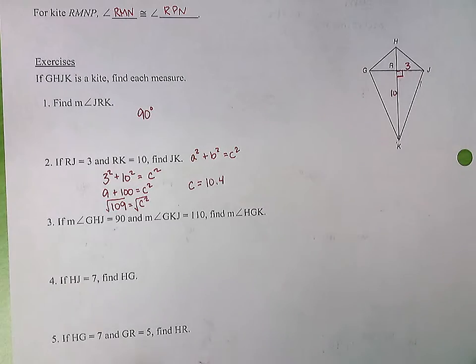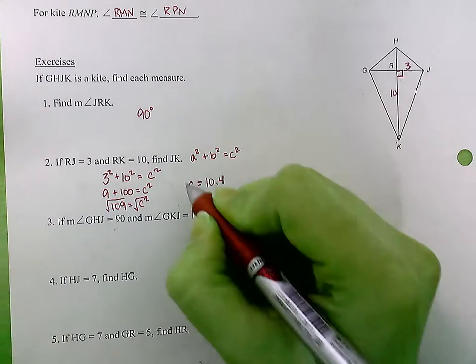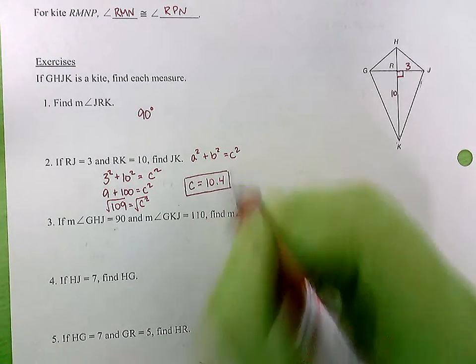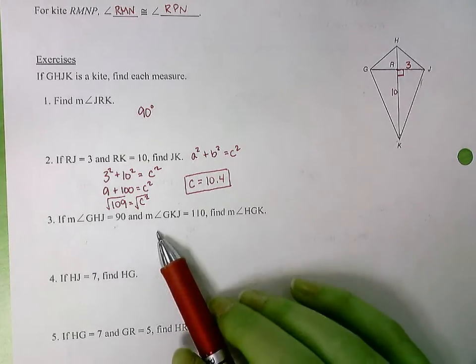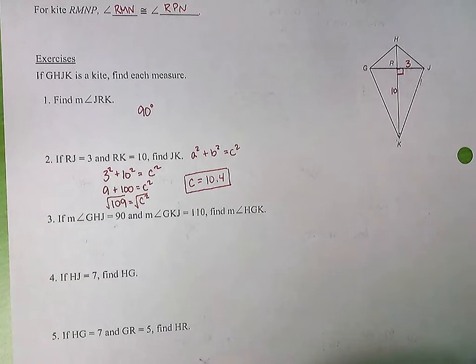Yes, you do get a decimal. That's scary. So that side JK is about 10.4. At least this makes sense, because sometimes it's like 10 and then the next side is like 24. Questions on the first two?